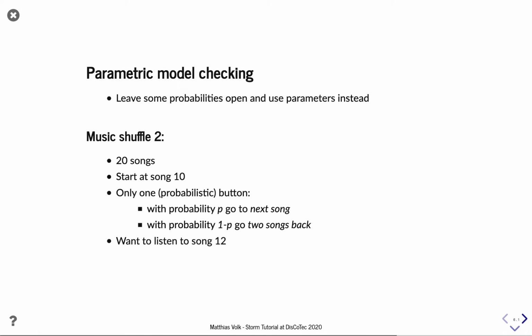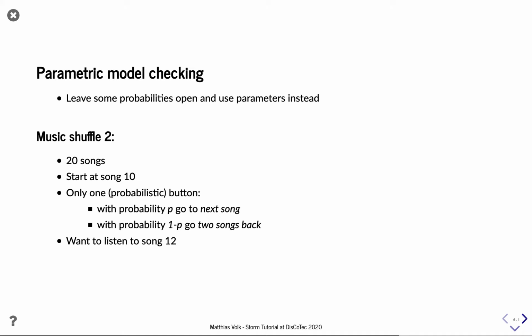Another possibility is to do parametric model checking. So that means instead of having concrete probabilities, we leave some of the probabilities open and use parameters instead.